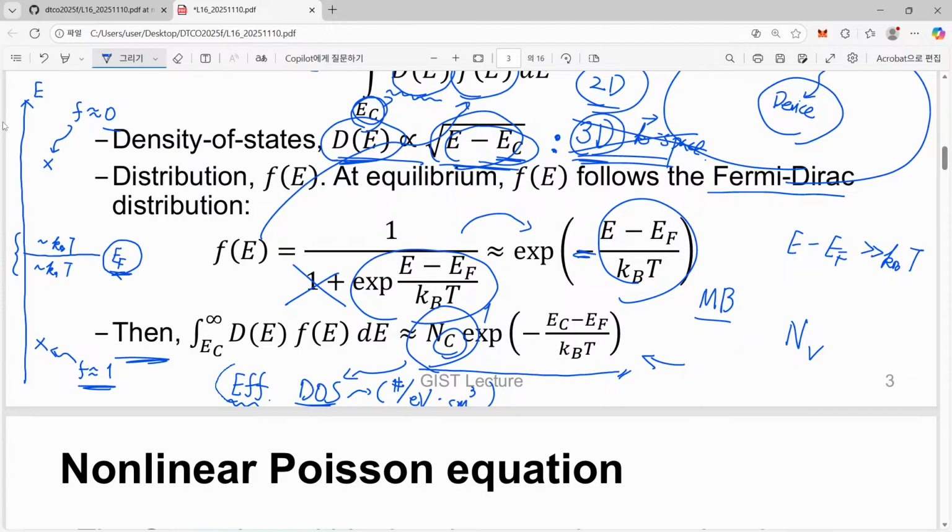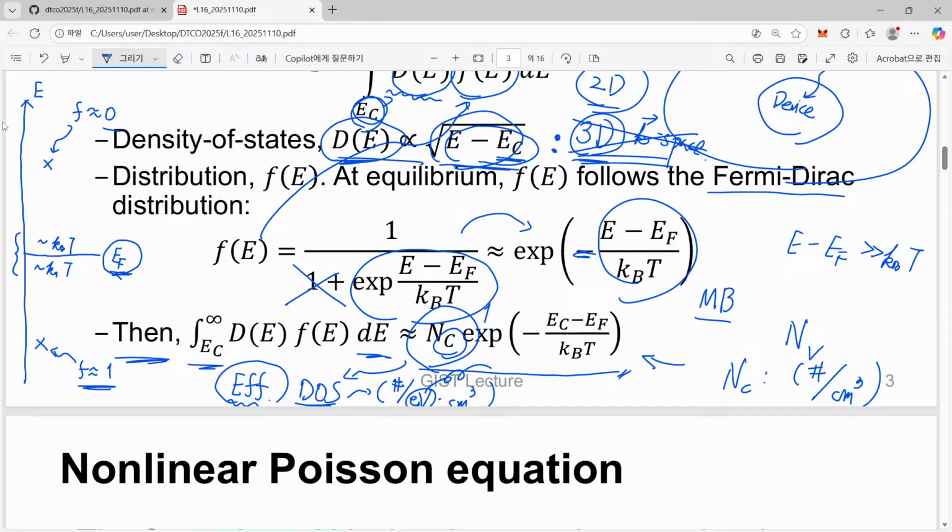But when we say effective density of state, we have already performed this kind of energy integration, so the energy dimension is gone. Simply speaking, NC, although it is called the effective density of state, is not an energetic density. It is just the number of states per given volume. So this is nothing but a volume density. We have seen this kind of quantity several times, like intrinsic carrier density or electron density, hole density.